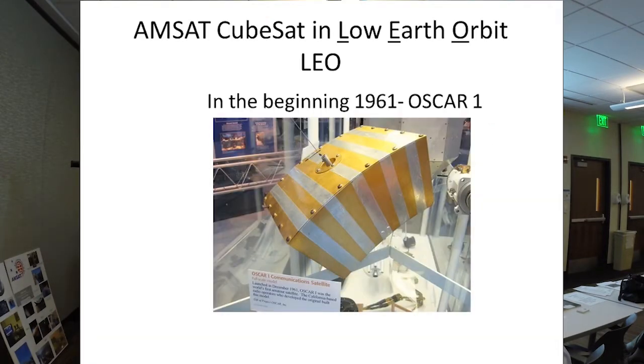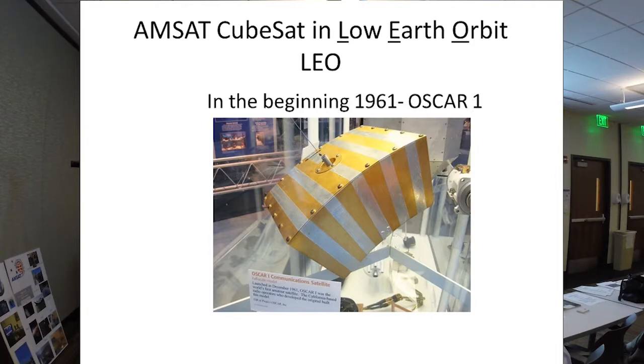The first CubeSat put up by an amateur radio operator was in 1961. It's called Oscar 1. It was a repeater. You could talk to it and you could hear back from it. It was put together by a professor from the University of California. He had at that time said, everything is getting smaller.